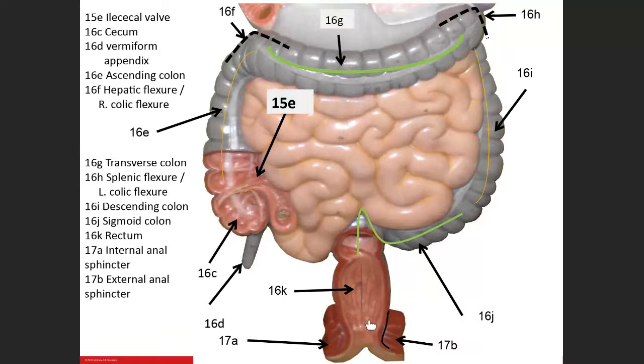You have two sphincters involved with the anus. One is primarily made up of smooth muscle tissue, and that's the internal anal sphincter. The other is made up of skeletal muscle tissue. That's the one that you learn to control when you are undergoing potty training, and that's the external anal sphincter.